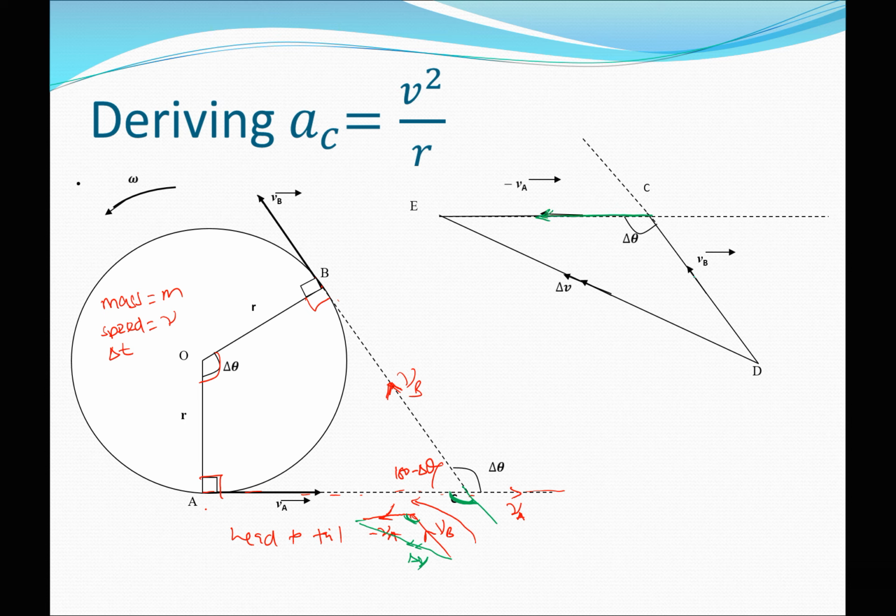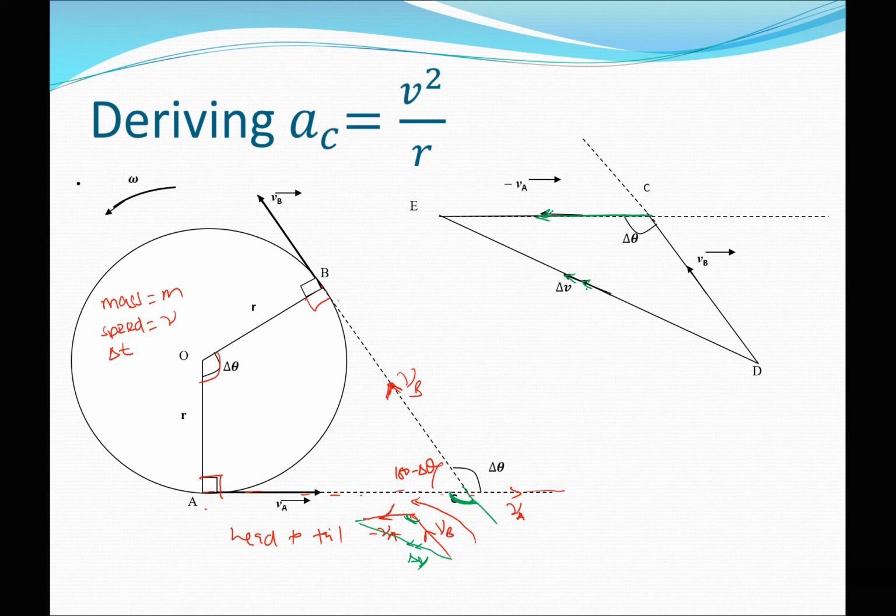I've maintained VB in that direction, and I'm saying the resultant is in this direction, which is the change in velocity. So at A, the velocity is VA, and at B, the velocity is VB. Both VA and VB are vectors because they are pointing in particular directions. And the change in velocity is seen from this vector diagram here.